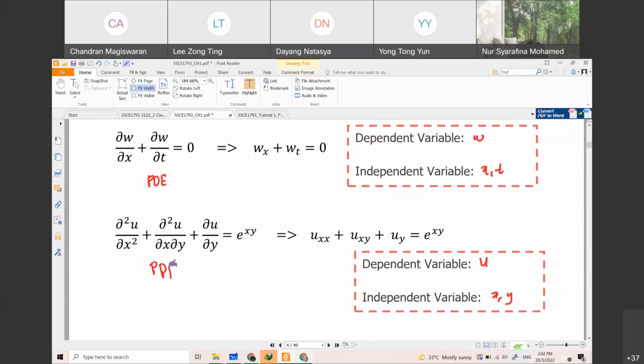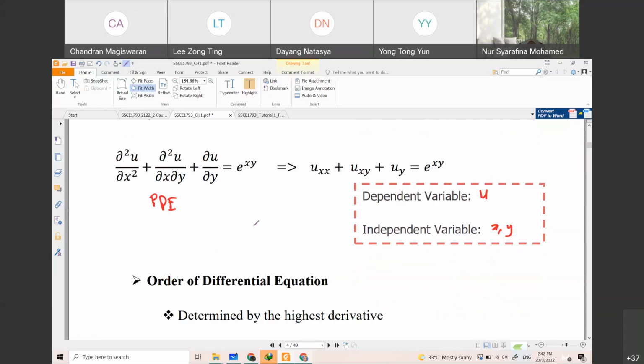PDE, okay? So now you can differentiate which one is ordinary and which one is partial just by looking at the number of independent variables. If you have only one independent variable, it is an ordinary differential equation. If you have two or more, it is a partial differential equation.